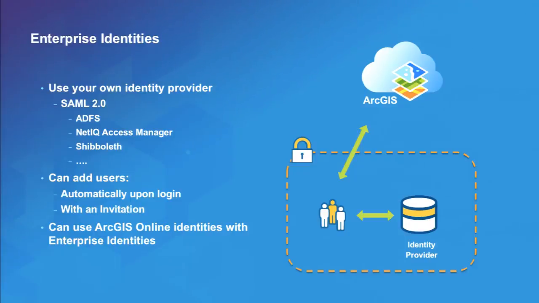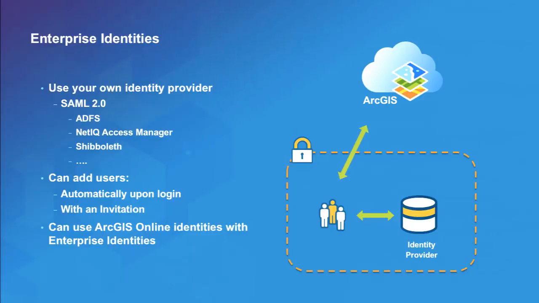But you might have a lot more requirements, or you might already have your own system, and most larger organizations do, with an Active Directory or LDAP, etc. So you can integrate that into ArcGIS Online, so your users log into your own identity provider, and then we get an exchange back to ArcGIS Online that tells us that that user has been authenticated, and then they are logged in.